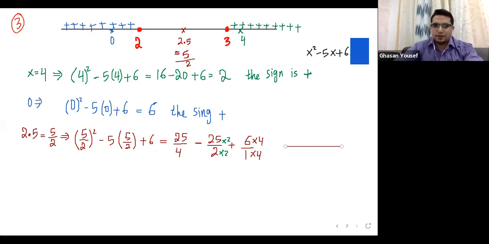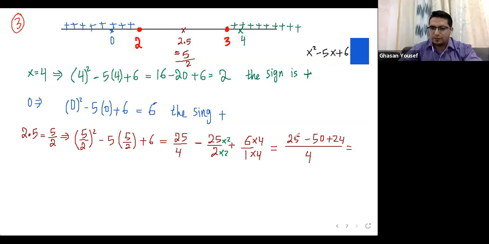So here, this is over 4 here. Here I get 25 minus 50. 25 times 2 is 50, minus 50 plus 24. 6 times 4 is 24. Yes, this is correct, Bamila.